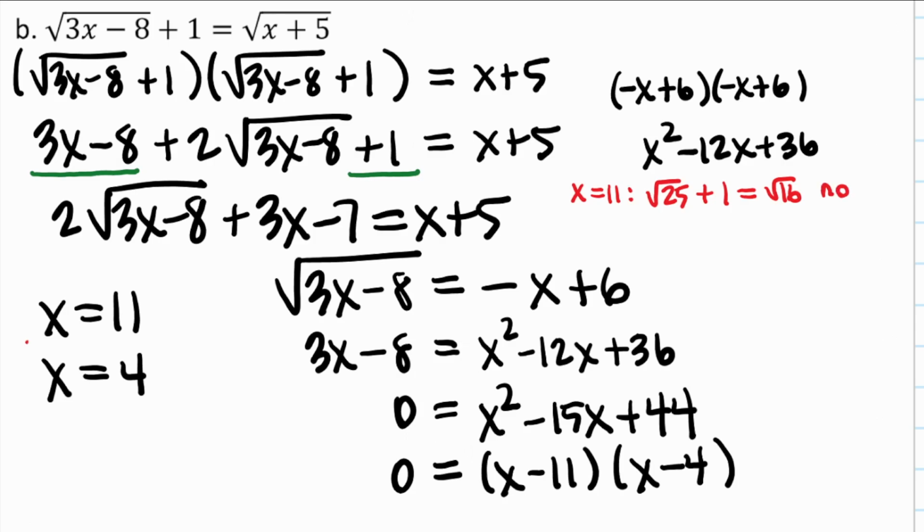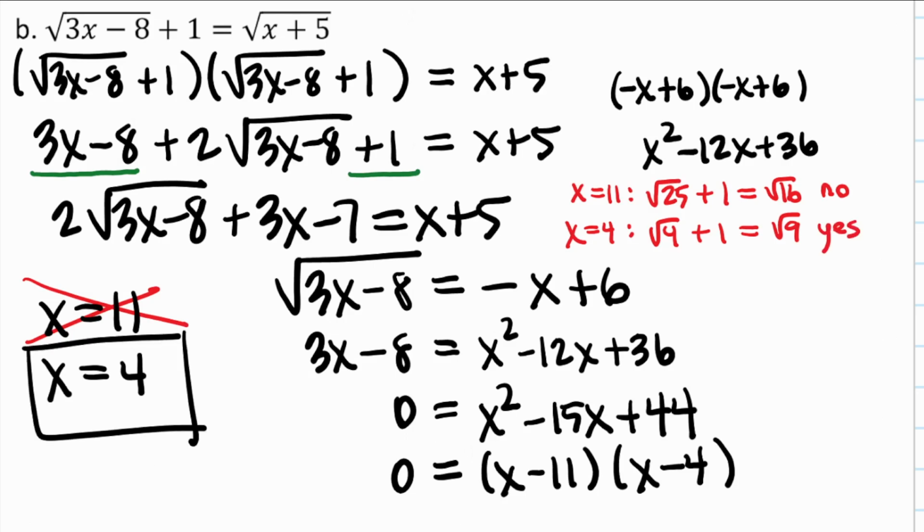Okay, that's extraneous. But x equals 4: 4 times 3 is 12, minus 8 is 4. And 4 plus 5 is 9. Okay, 2 plus 1 is 3. Yes. Okay, so that's my solution. X equals 4. Okay, great.